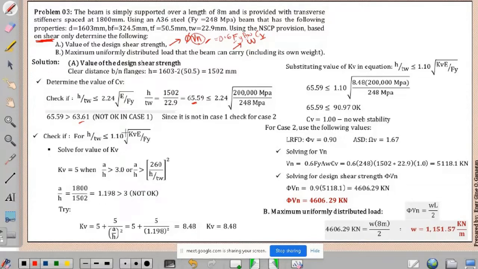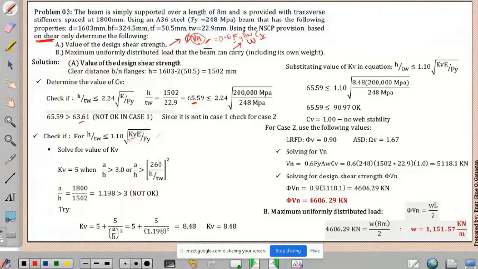Remember yung sa case 2, meron tayong tatlong condition. Yung 2.A, 2.B, and 2.C. Tatlong condition sa pagkuha ng Cv. So, unahin natin yung pinakauna. Wala tayong problema sa E and then Fy. Ang problema natin kv. So, isosolve muna natin yung kv. And for the kv, meron din tayong dalawang condition for unstiffened web and for stiffened web. Okay?